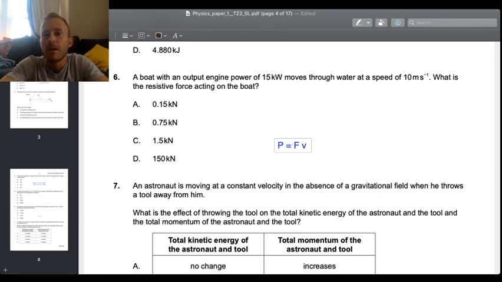The power is 15,000, the velocity is 10, so the force is 1,500 newtons, which is 1.5 kilonewtons. So the answer would be C. Question 8.